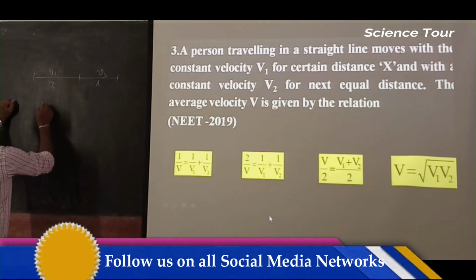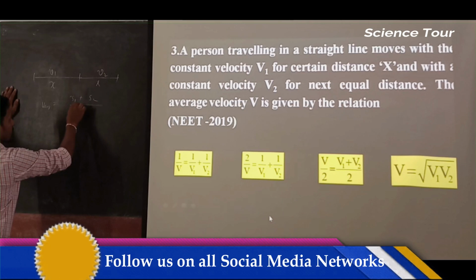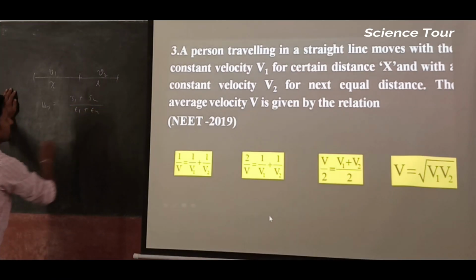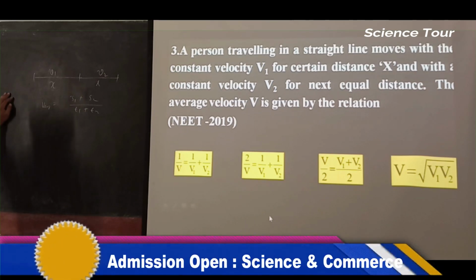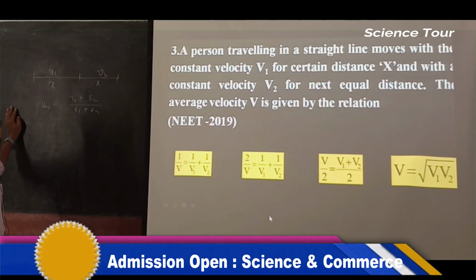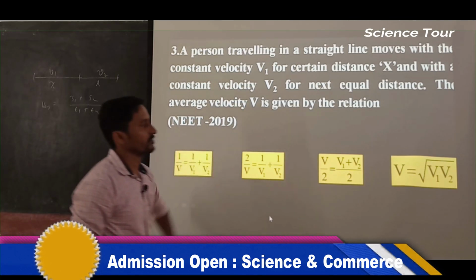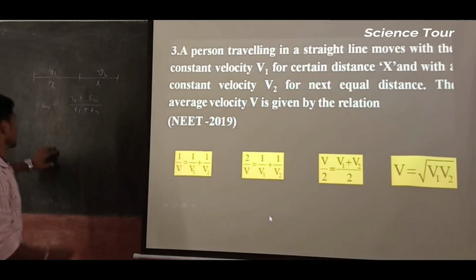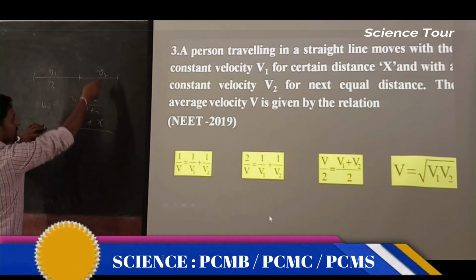That is nothing but v average or speed, which is equal to s1 plus s2 divided by t1 plus t2, right. Time is not given, velocity and displacement are given, so what is the equation? 2v1 v2 divided by v1 plus v2, but it is not in that format, it is in a different format. Now let us see, s1 is x distance and s2 is x distance.